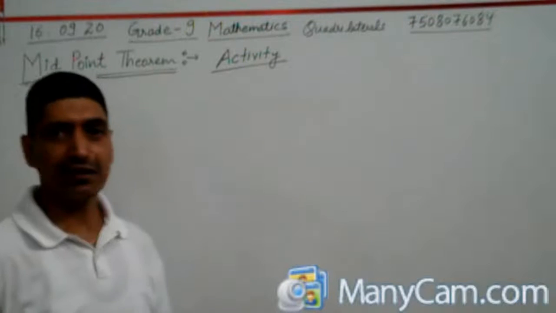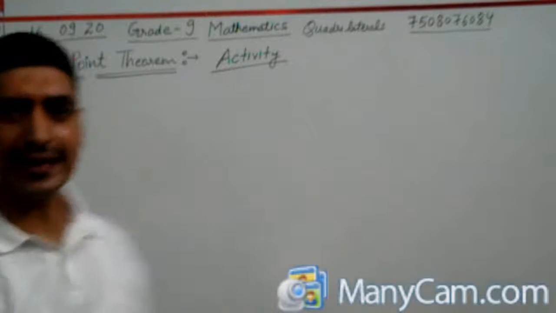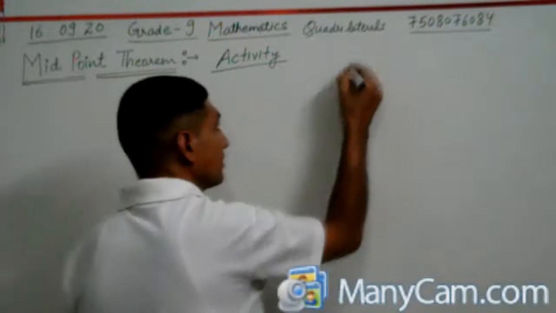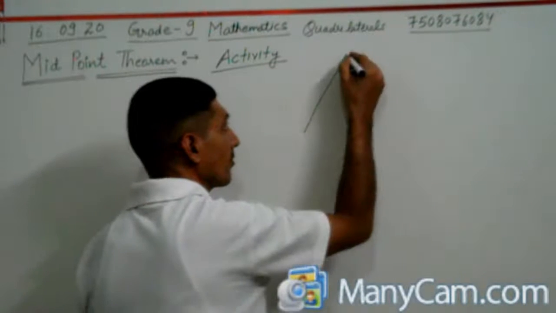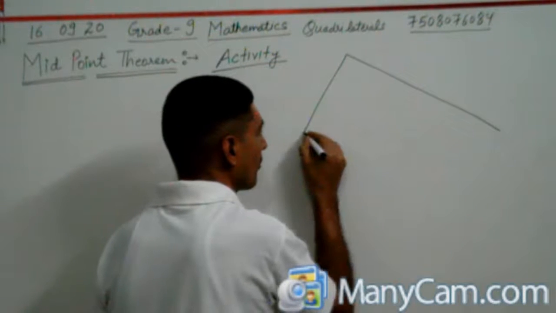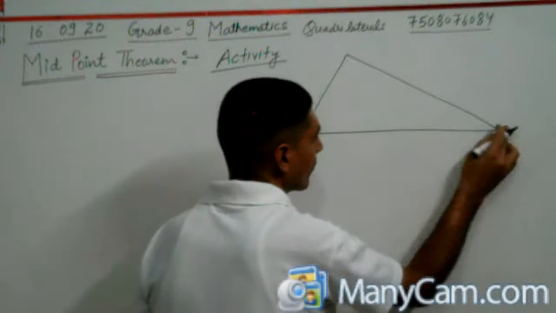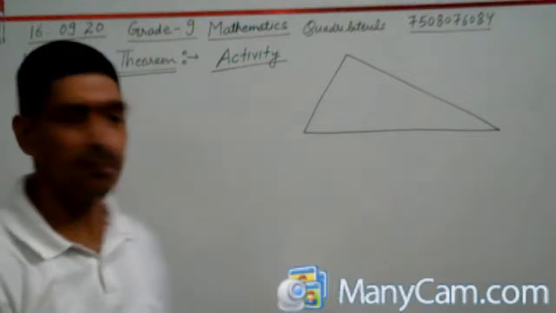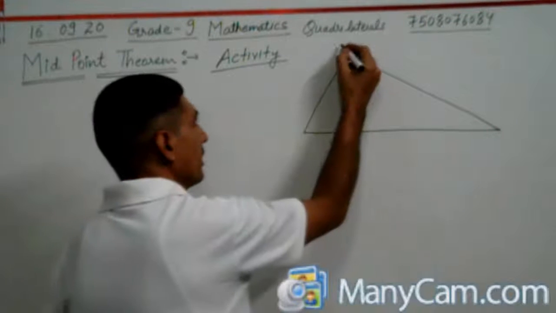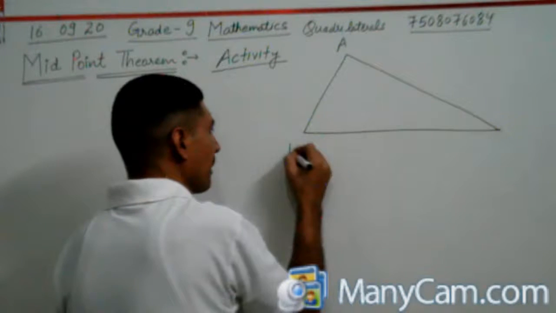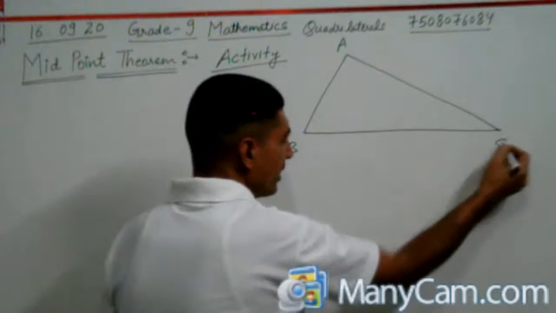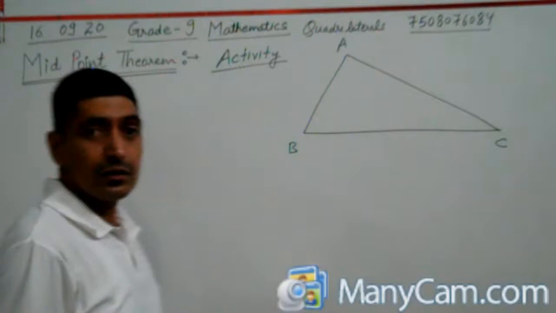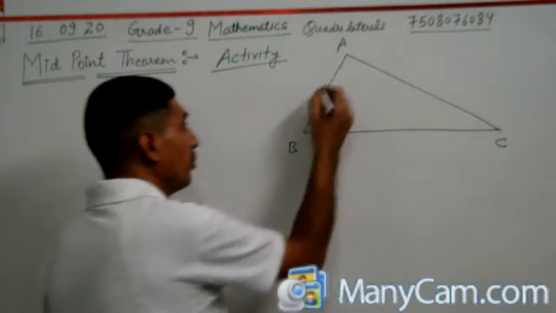What is the activity? Draw any triangle ABC. Here the geometry box is very, very important: your scale, compass and pencil. If it is a triangle ABC, now locate the midpoint of AB.